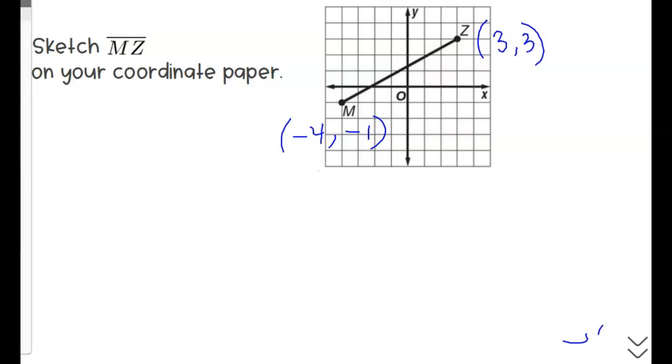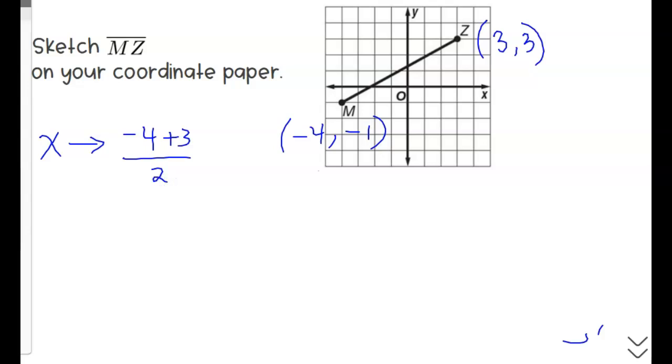So now we have a set of ordered pairs, right? We have X and Y. And what Emily said was find the middle of the X and then find the middle of the Y. So let's do that. Let's do the X's first. What are the two x coordinates? -4 plus 3 and what?